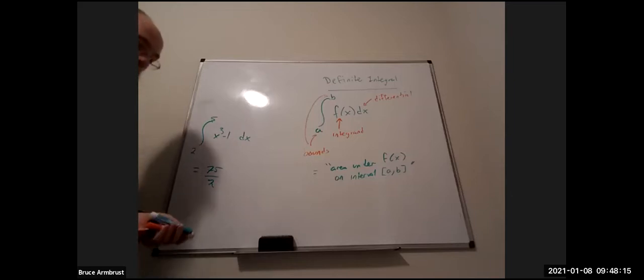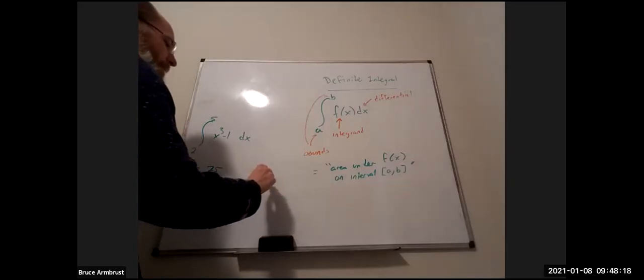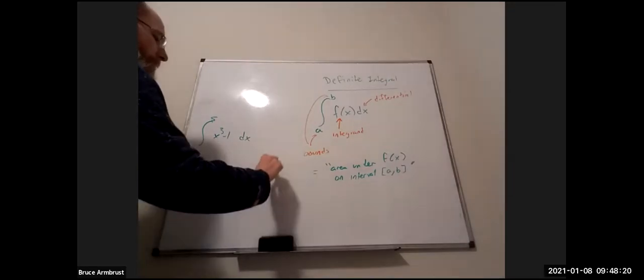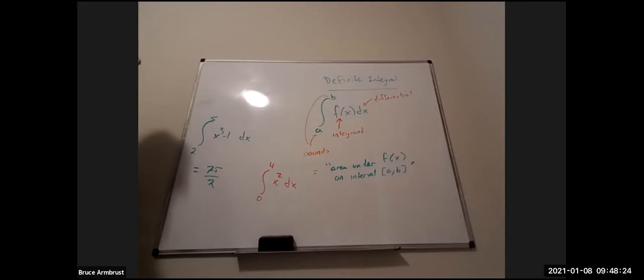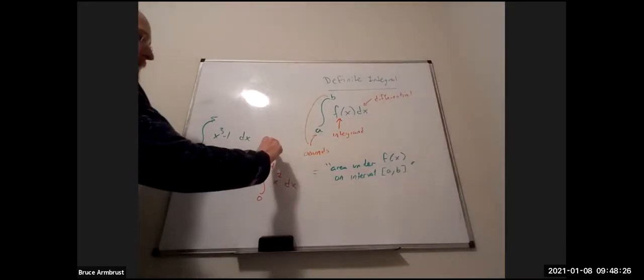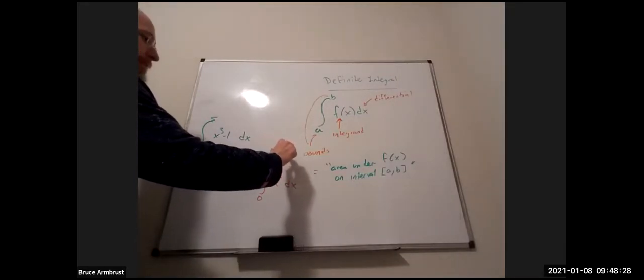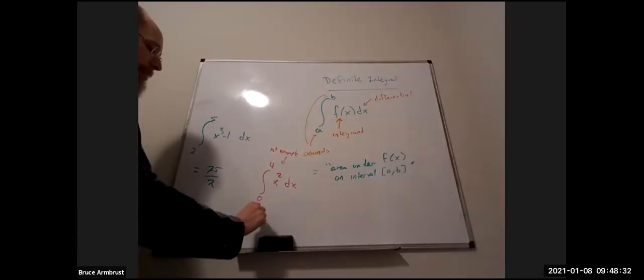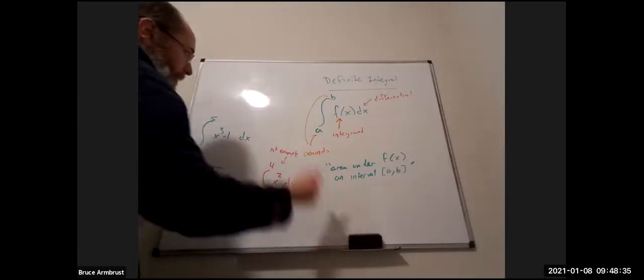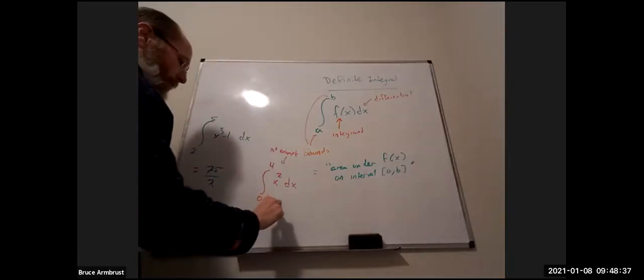Remember the very first one we did? We were going from 0 to 4, and we were looking at the function x squared. Right, so this is our first example. And I don't know if you guys remember what we found there, but that value was 64/3.